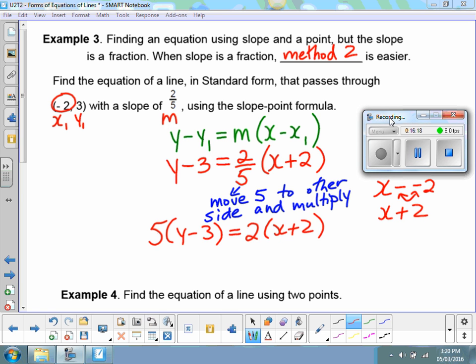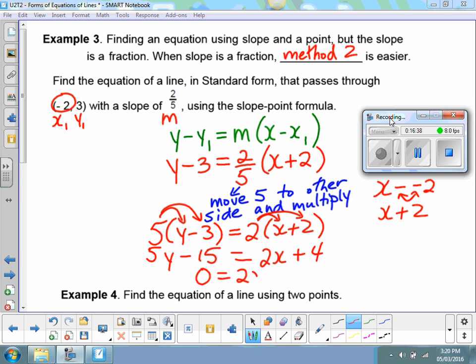So this is going to end up being 5y minus 15. So we're just distributing, multiplying the 5 inside. Then we're distributing the 2. So we're going to get 2x plus 4. And then we'll move everything over to one side.